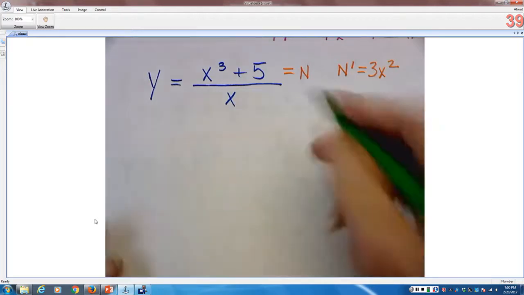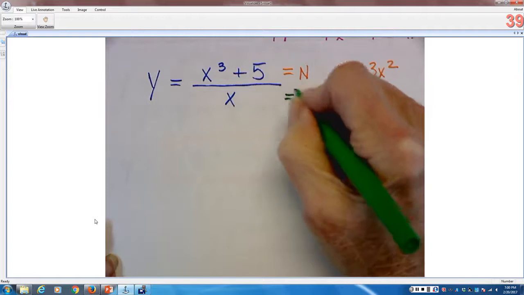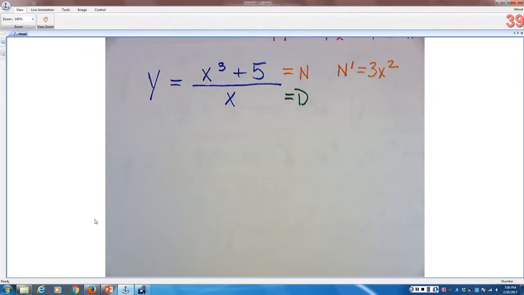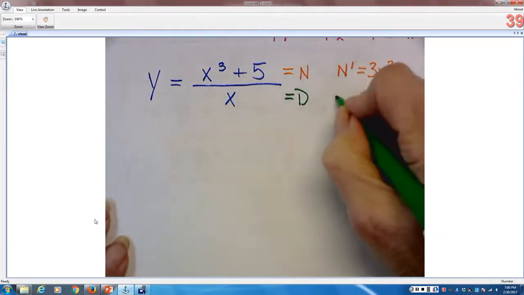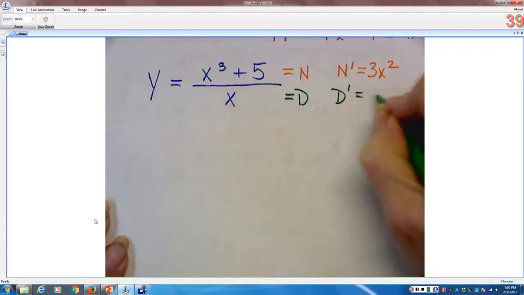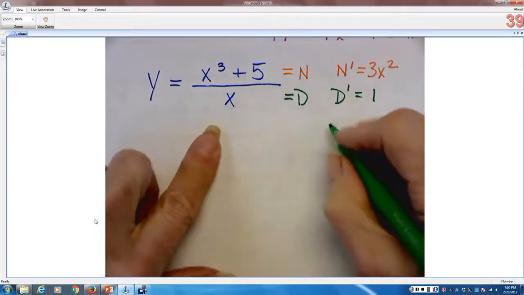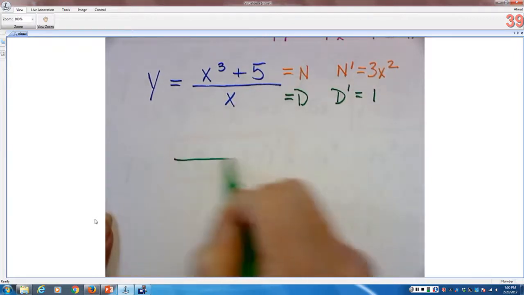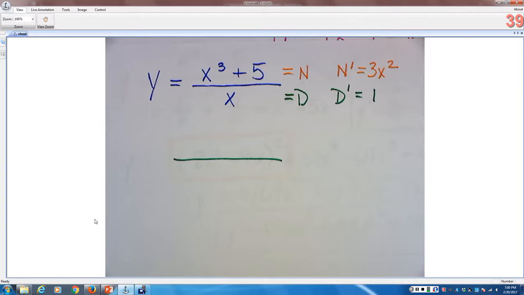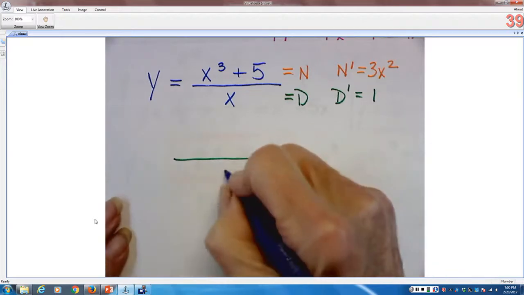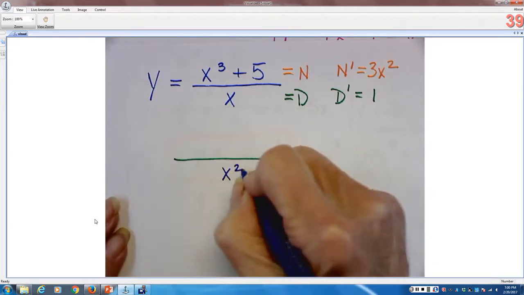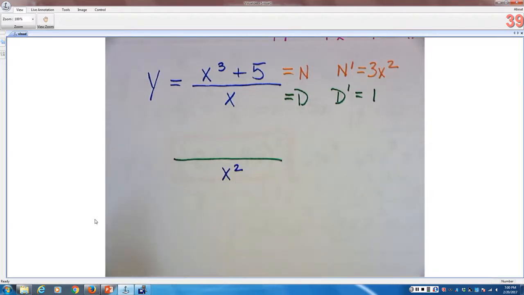And the denominator, which I just call d, is x, and d prime, the derivative of x, is just 1. And then I'm going to put the denominator in, as my first step, I put my denominator squared in the denominator for my derivative.